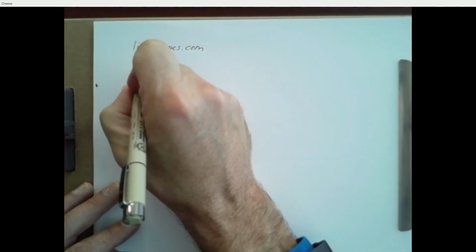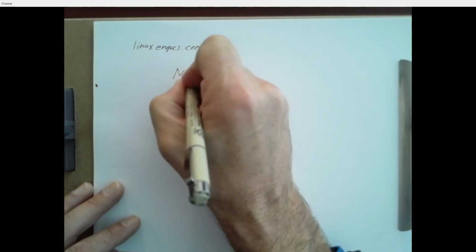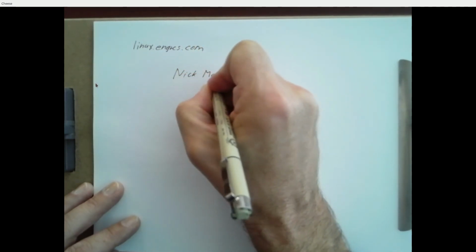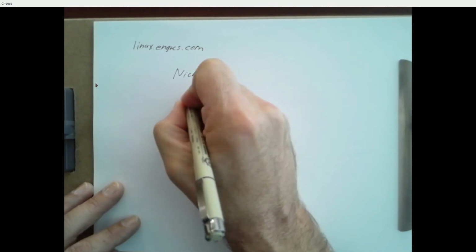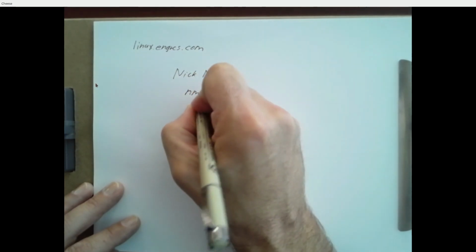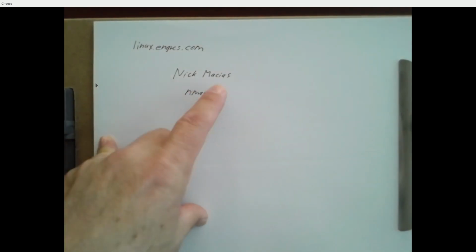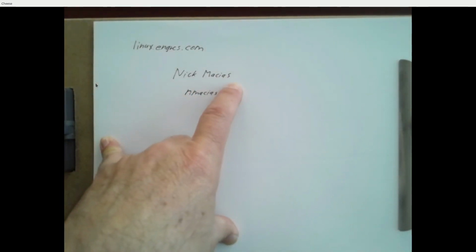Your username is, well, so here's my name. My username would be first initial followed by last name with no punctuation. Okay, there's no period in the middle. And if your name has multiple parts, it's the first initial of the first part and then the last part, whatever comes after the space.